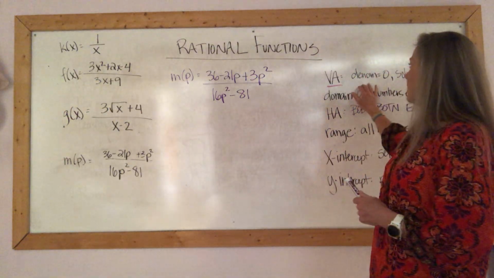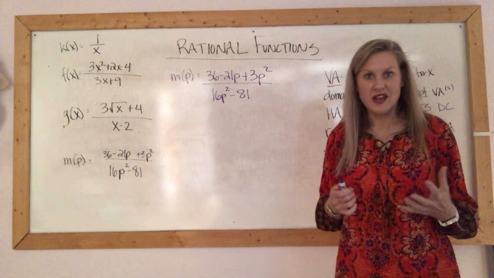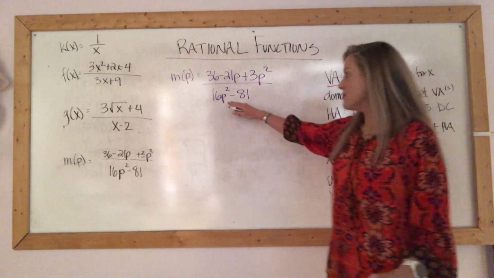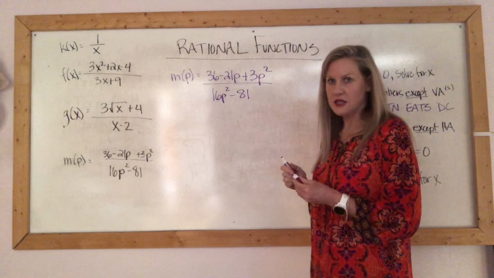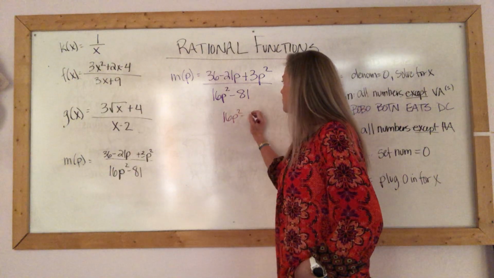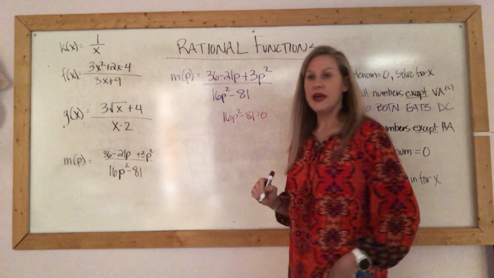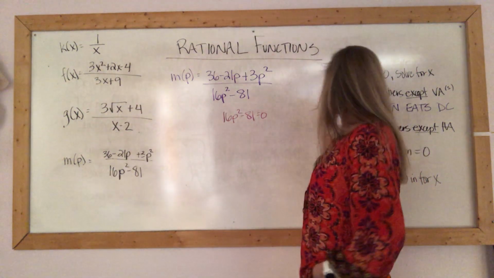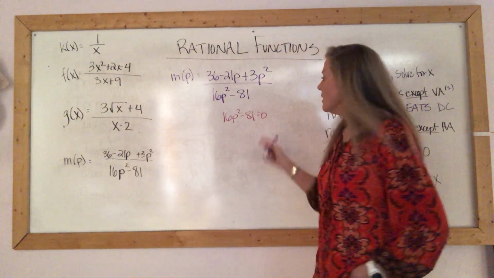So the first thing I want to know are my vertical asymptotes. That kind of drives the train. So I'm going to take just the denominator and set it equal to 0, and I'm going to solve for x, or in this case, p.